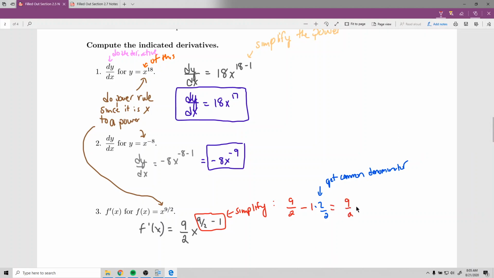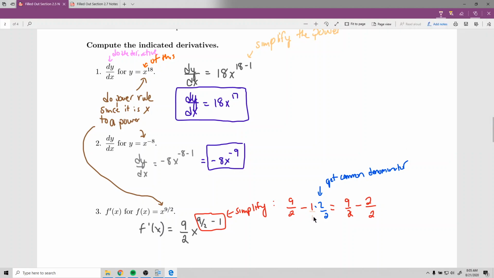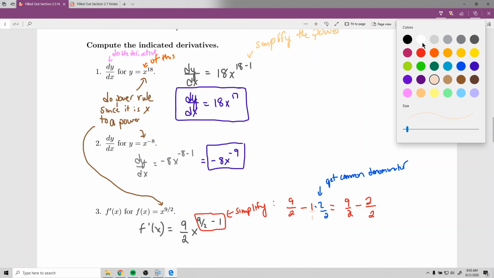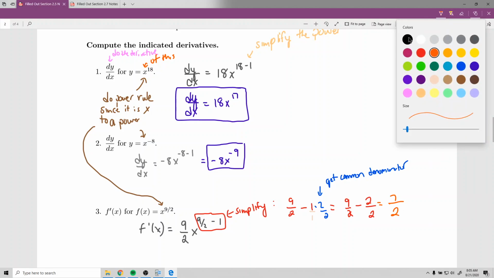We got our 9 over 2 in front. Then the back thing, we multiply. We got 1 times 2 is 2 over 2. Remember, if it helps, you can write the 1 as 1 over 1. Whenever we multiply fractions, we multiply the tops together and bottoms together. And then we can combine them into one fraction now because we have a common denominator. 9 minus 2 is 7 over our common denominator of 2.